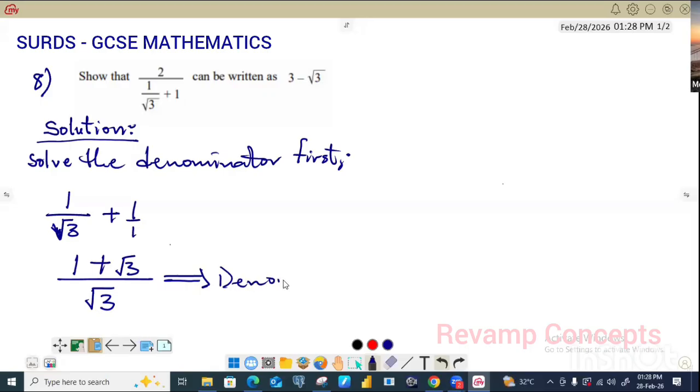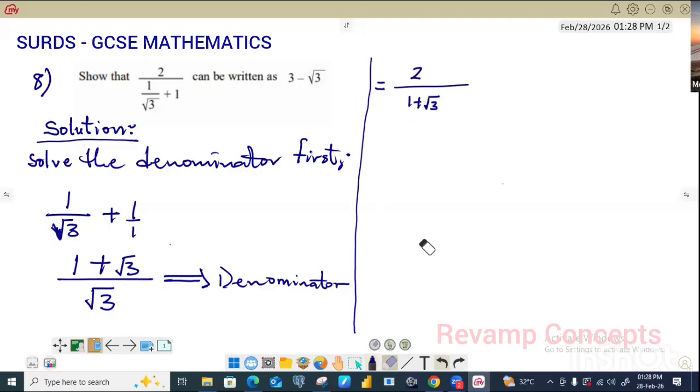So let's take it back to where it is coming from. So now we are going to have 2 over this denominator, which is 1 plus root 3 over root 3. Now we know that this line here that is separating numerator and denominator simply means a division.